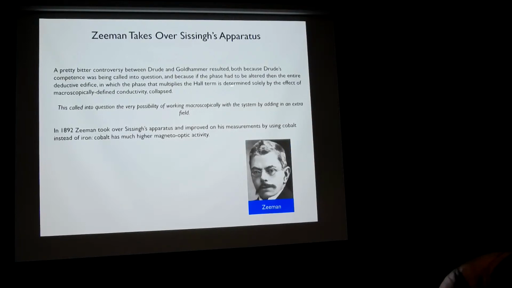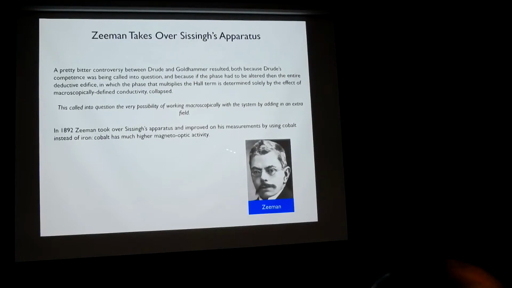And of course, if you do have to stick this extra phase parameter in, then the entire deductive structure that Drude and J.J. Thomson, for that matter, had built collapses, because you're pushing yourself into a realm where you have no idea what can possibly be going on. And in fact, they thought it called into question the very possibility of working with purely extensive macroscopic parameters. Remember, no microphysics here.